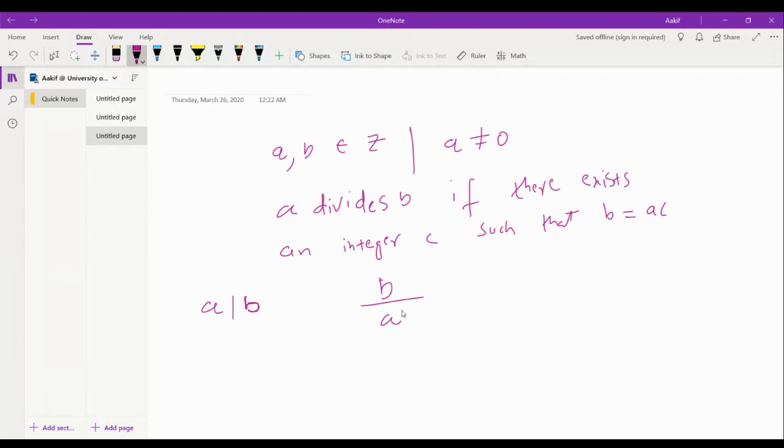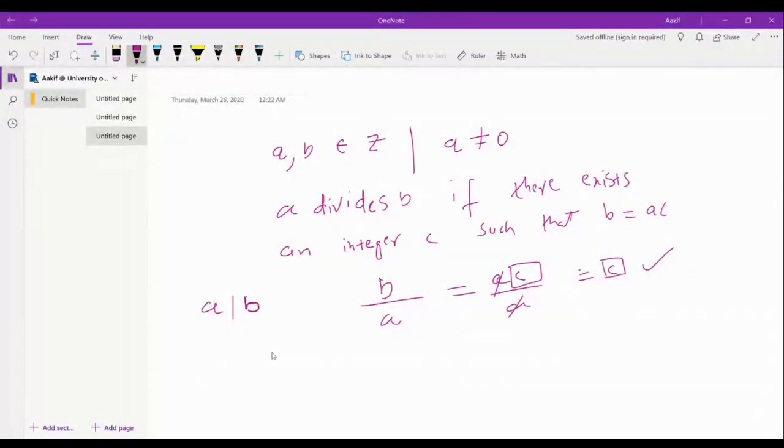It's saying that if A is not equal to 0, then A divides B only if B is a multiple of A, or in other words, B by A is equal to A times C by A, and the A will cancel out, and this gives us the number C. So when you divide B by A, it gives us an integer C. That's one condition.